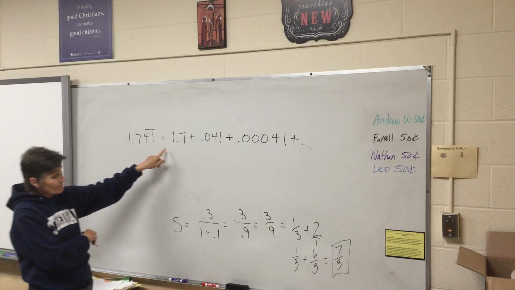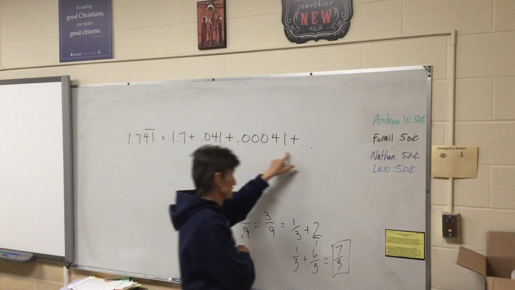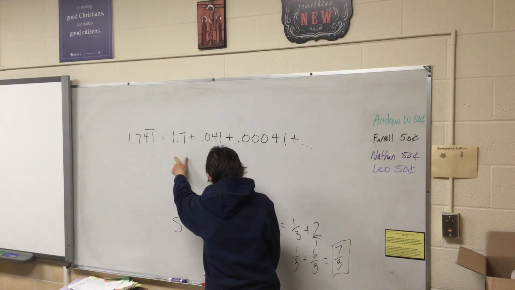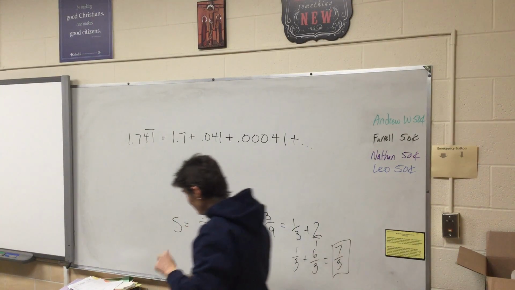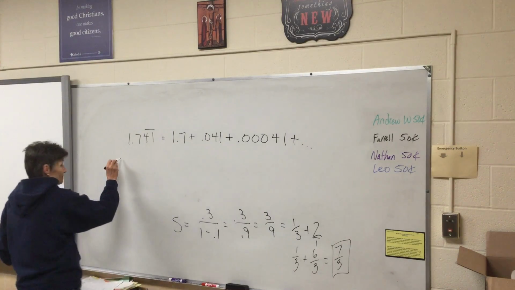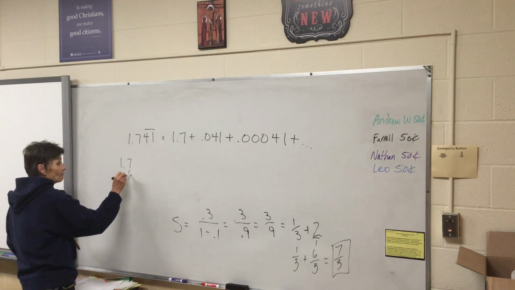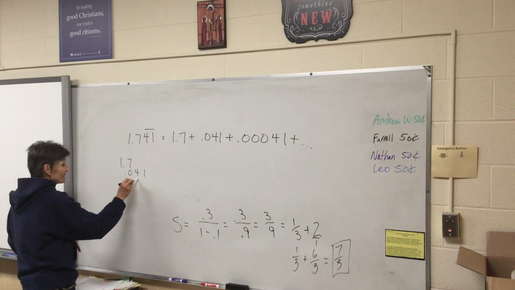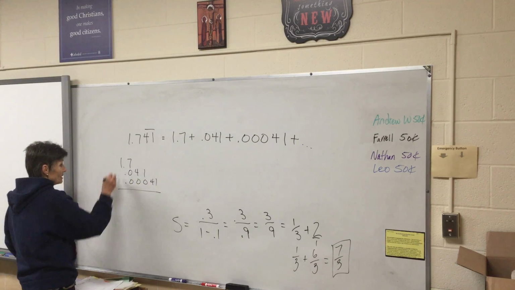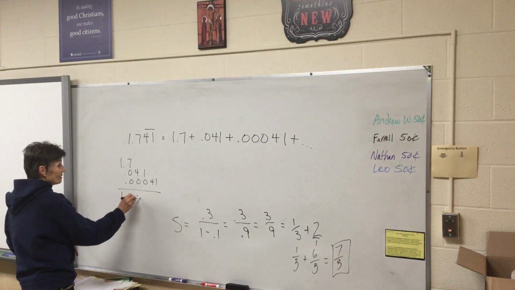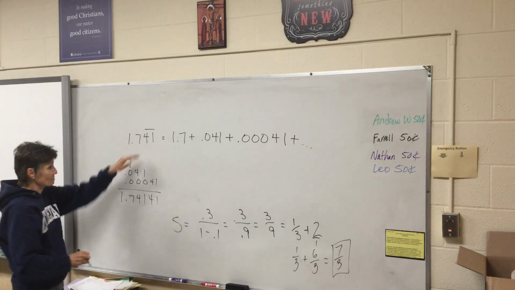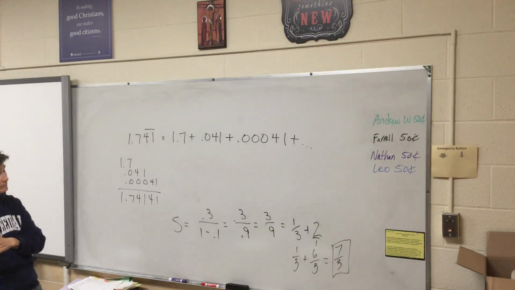So does everybody, can you make sense of this? Does this seem okay to everybody? Remember, if you line them up, like if you're actually going to add them, you would line them up like this. And when you add, that would produce the decimal that you're talking about.